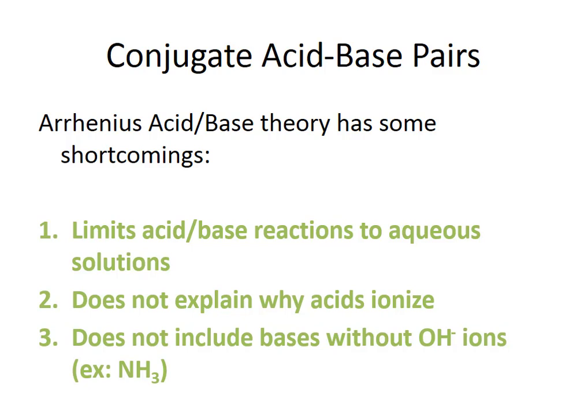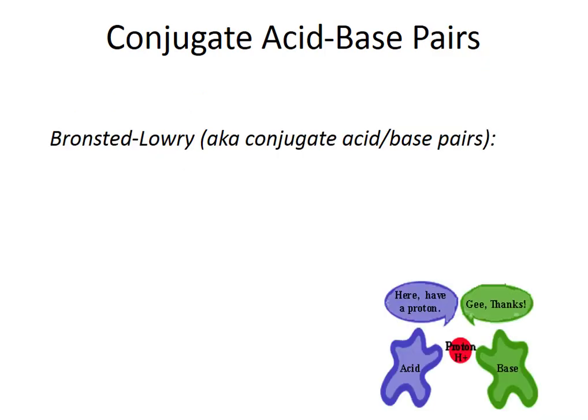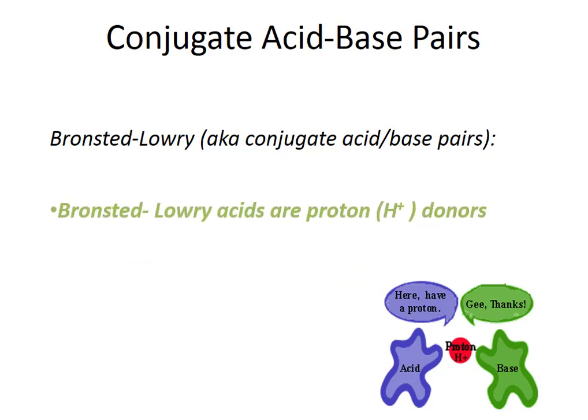A lot of people have asked me, why is NH3 considered a base? Here's why. We get into another theory called Bronsted-Lowry. Bronsted-Lowry says that acids and bases are now based on donating and accepting. A Bronsted-Lowry acid donates protons. That makes you an acid.